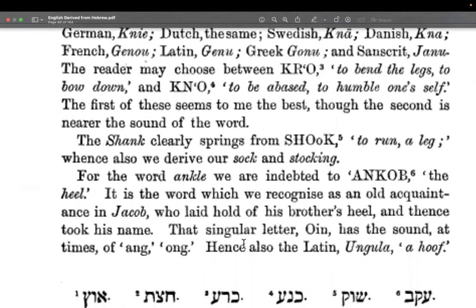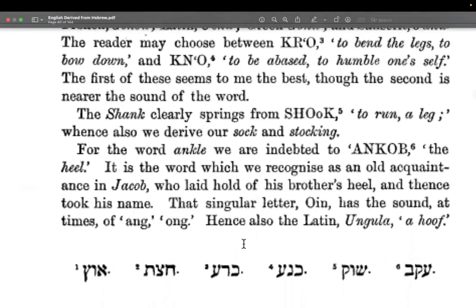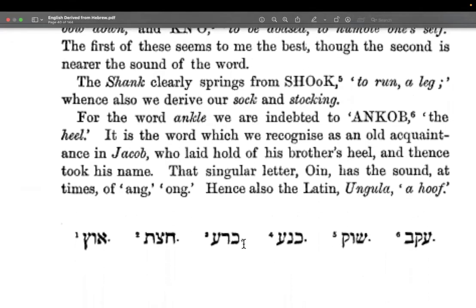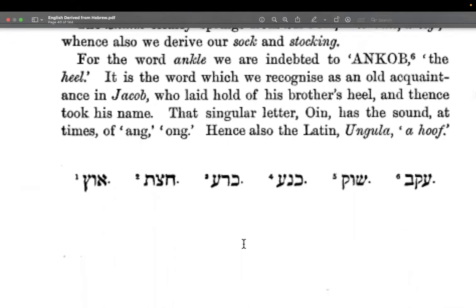The shank clearly springs from shuk, to run, a leg, whence also we derive our sock and stocking. For the word ankle, we are indebted to ankab, the heel, like Jacob as well.